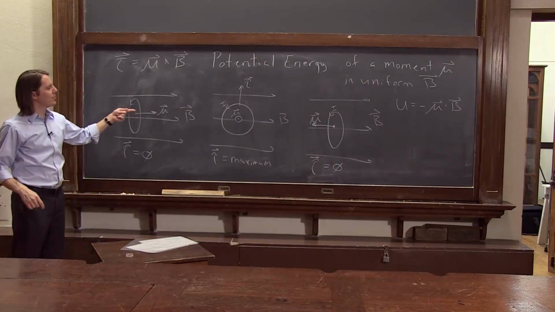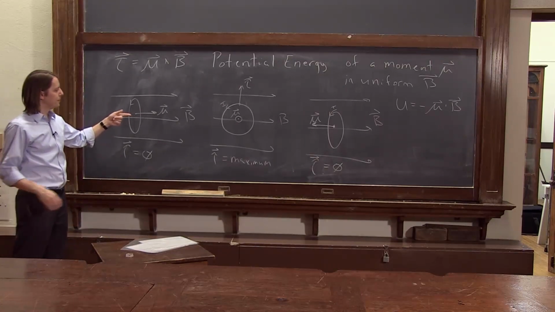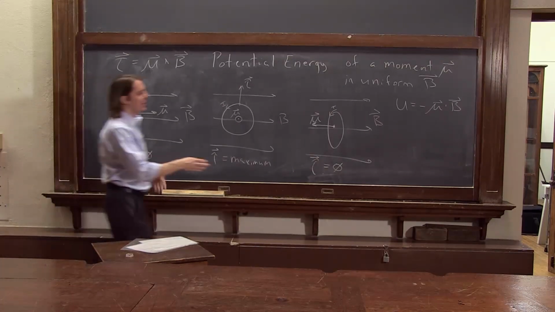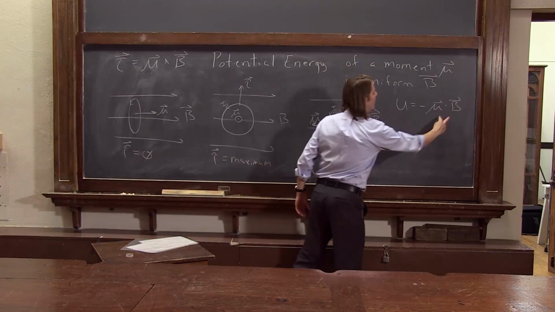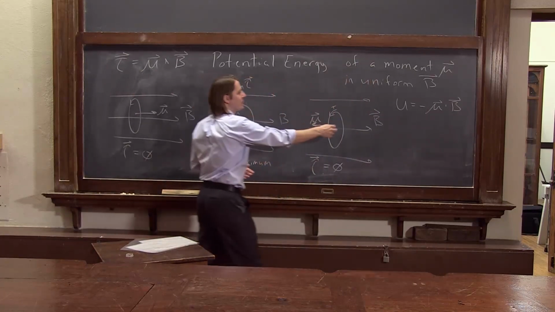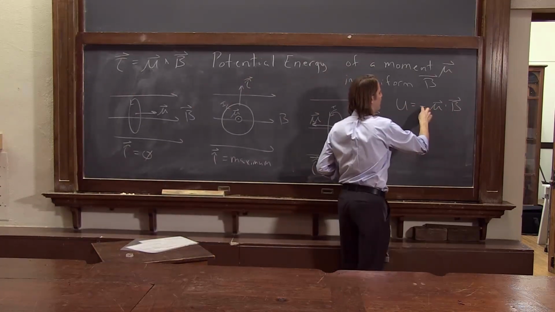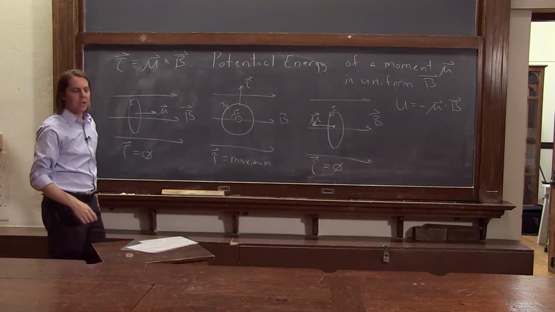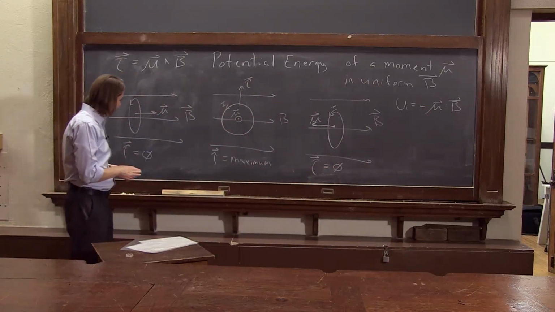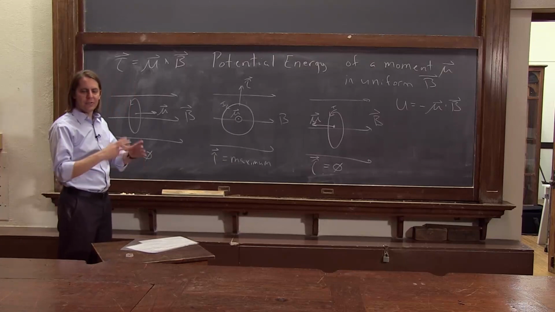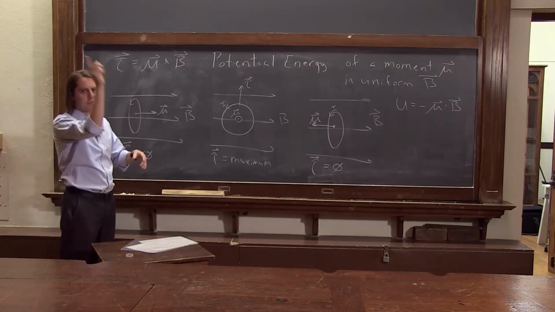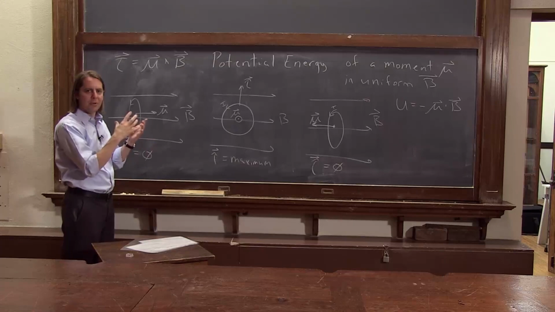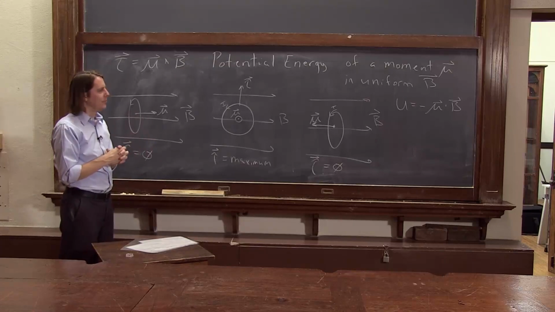When mu and B are in the same direction, that's your maximum dot product, and that's your minimum energy. When mu and B are opposite directions, that's going to be negative, and negative will make it positive. That's your maximum energy. And then here is in between. So you can start to think in terms of potential energy again if you have something with a moment, not a free charge running around, but a current loop, the fundamental unit of magnetism, basically.